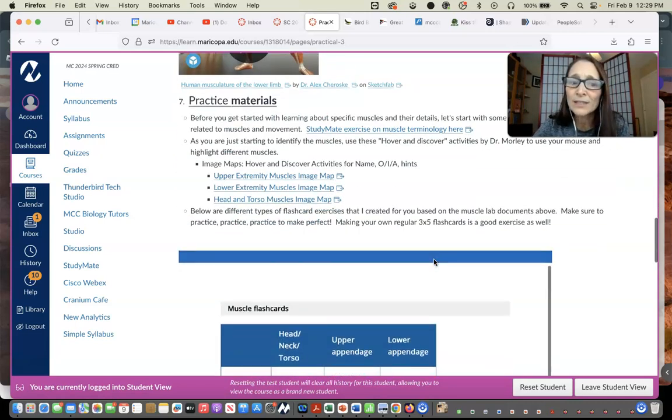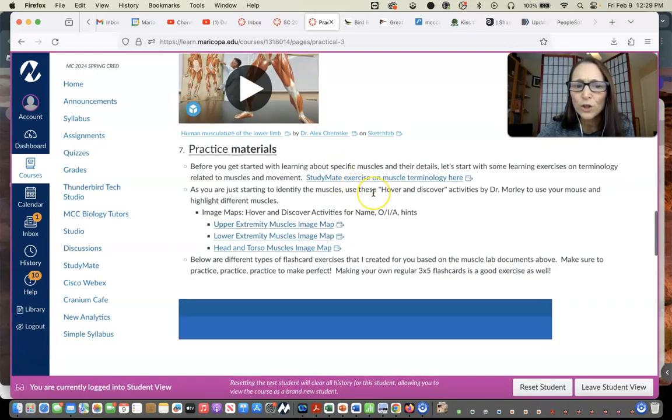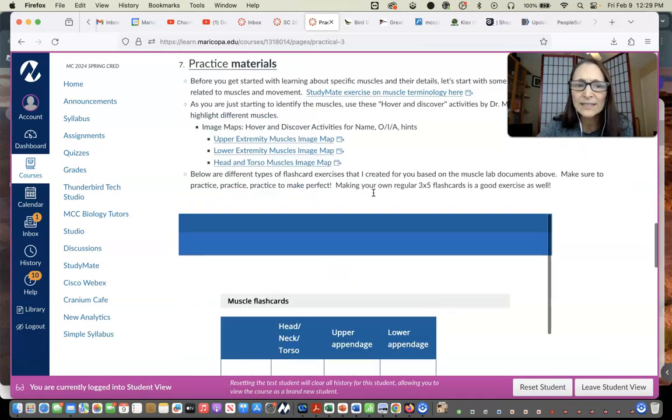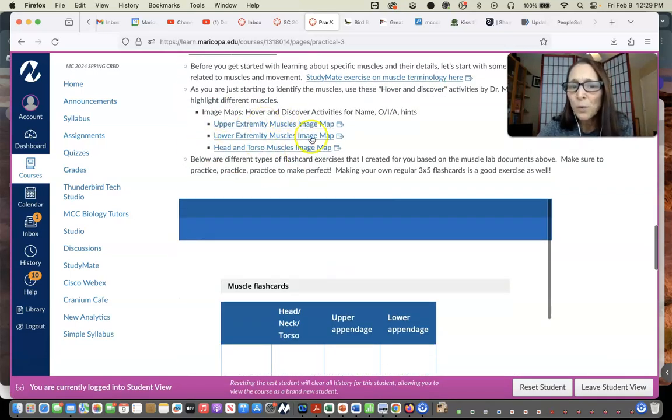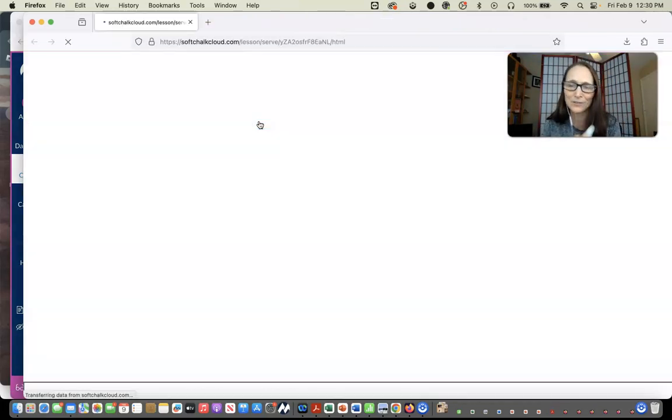Then, of course, we have lots of practice material. For those of you that aren't super big on the Sketchfab stuff, these ones are actually, I'm sorry, not Sketchfab, oh, what's it called? I'm blanking on the name for a second. SoftChalk.